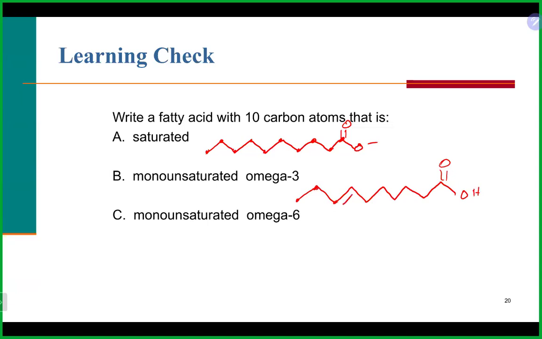So we would have our double bond happening right about there. And obviously omega-6, 1, 2, 3, 4, 5, 6, 7, 8, 9, and 10. And 6 would be, again, counting opposite side: 1, 2, 3, 4, 5, and 6. We would have a very badly drawn double bond at an angle going in that direction. I'm going to clean it up a little bit there.